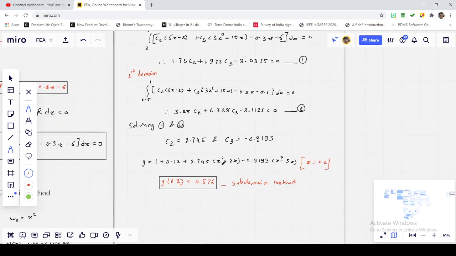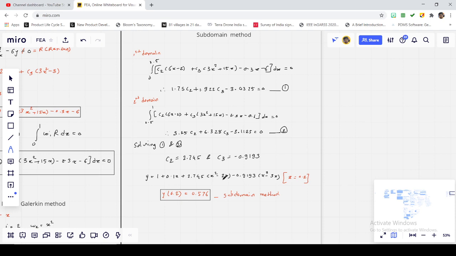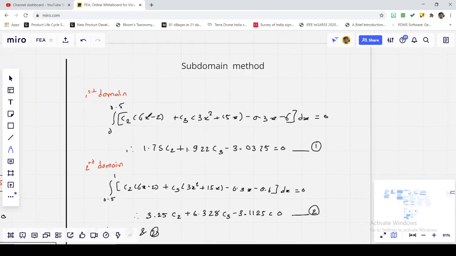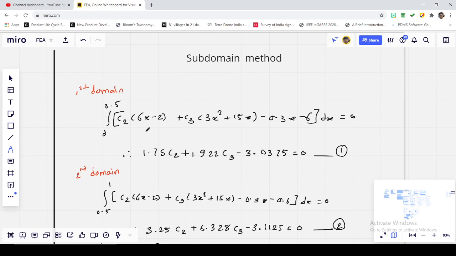So this is the answer you get in the subdomain method, and the important point we need to remember here is there is no weight function in subdomain. So w is basically 1, and we try to divide this domain into the number of unknowns. So here if you have two unknowns, we will divide that into two subdomains.